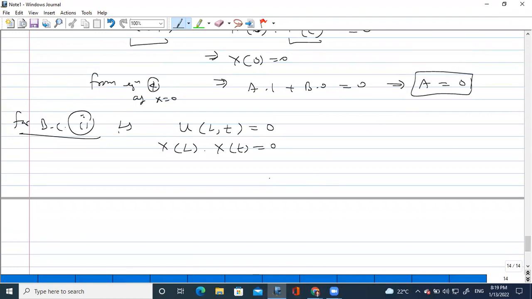Okay. Now this implies X(L) equal to 0 because T(t) cannot be 0. So X(L) can be 0.